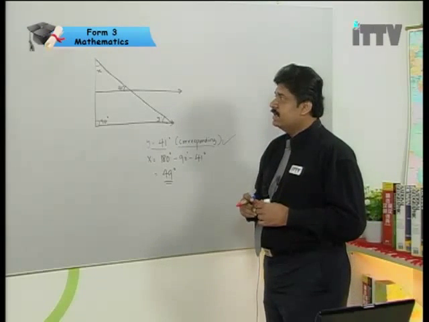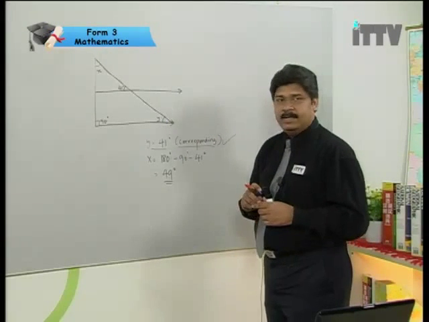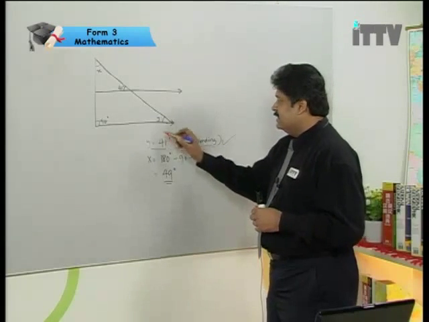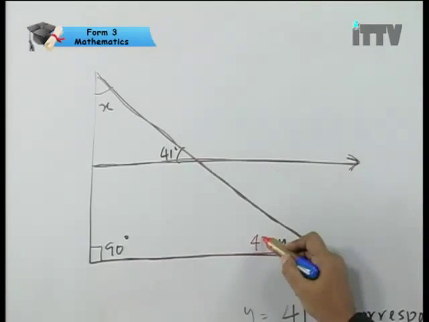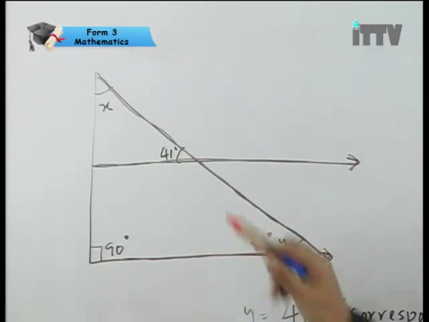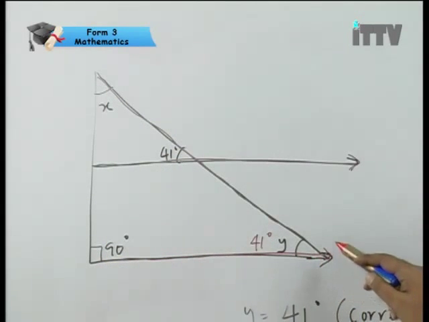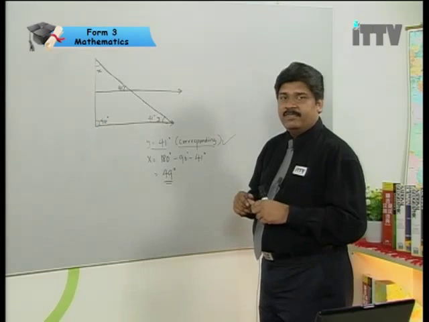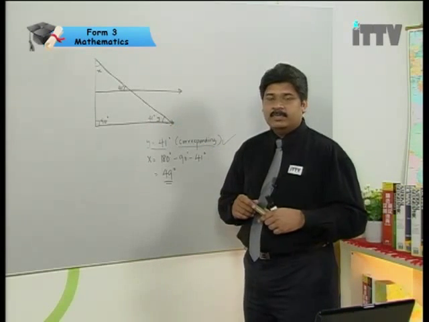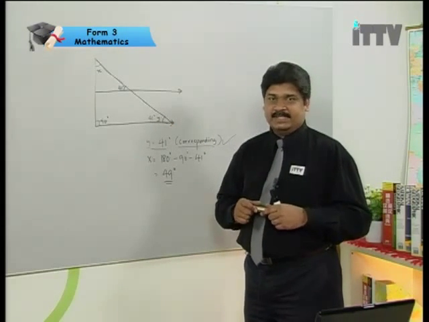The next question is, how do I obtain X? Since Y is equals to 41 degrees and X is located in a triangle, so obviously concepts of triangle must come into play. And we know that the sum of angles in a triangle amounts to 180 degrees.